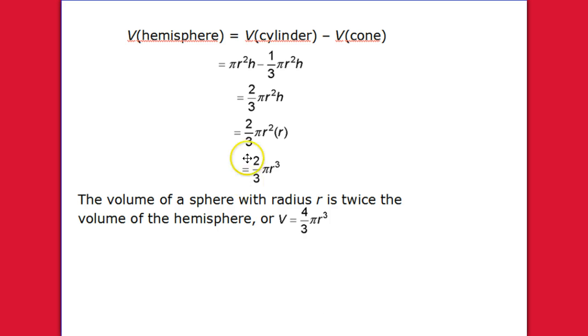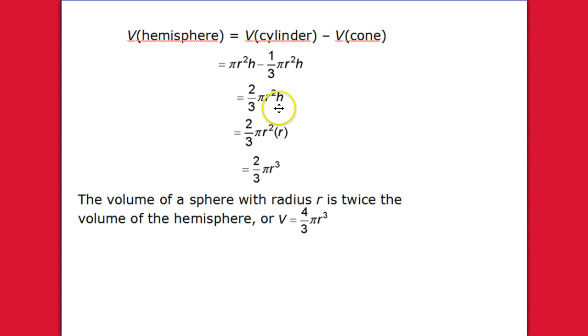So we can write this as the volume of the hemisphere is the volume of the cylinder minus the volume of the cone. When we think about volume of cylinders, we know it's base area times height, pi r squared times height. Volume of a cone is a third of that, right? 1/3 of pi r squared times height. So when we simplify this, we end up with 2/3 pi r squared times height.